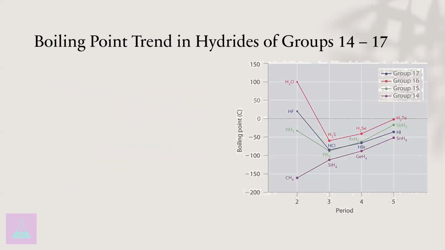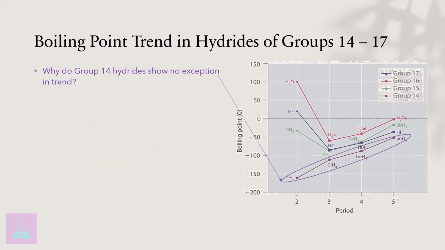The last question was, why do the group 14 hydrides show no exception in trend? Of course, the first thing you must know is that group 14 elements have 4 electrons in their valence shell. So they all will have a tetrahedral shape, which is something like this.